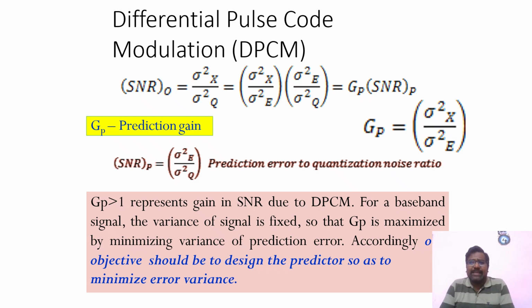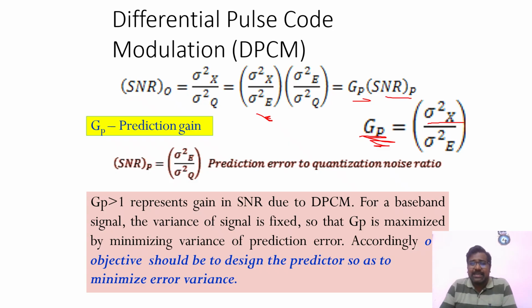The prediction gain G_P equals sigma square x by sigma square e. This factor is replaced by G_P, and sigma square e by sigma square q is written as SNR_P, where P means prediction error.